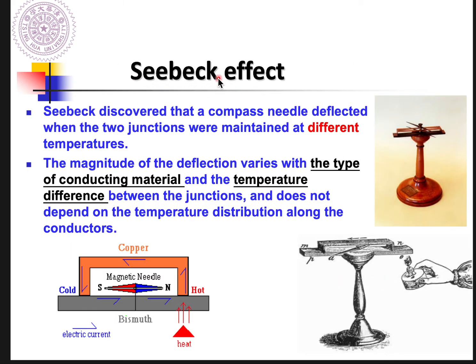So what's the Seebeck effect? It was discovered in 1822, around 200 years ago. Thomas John Seebeck found something interesting when he combined copper and bismuth together and heated one junction up, to create a temperature gradient or temperature difference between these two junctions.